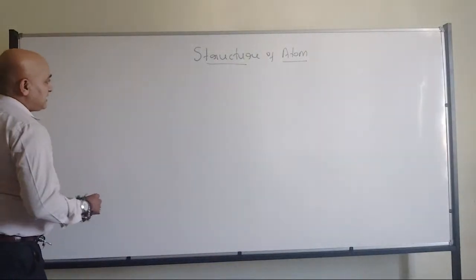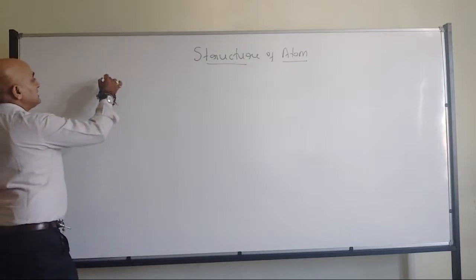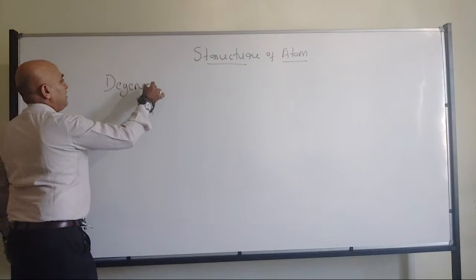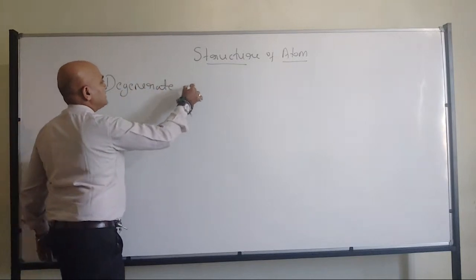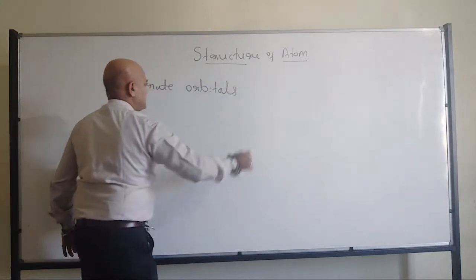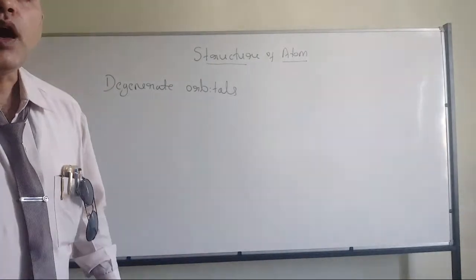In that case, we have a particular term called degenerate orbitals. You can expect these for a 1 mark question.